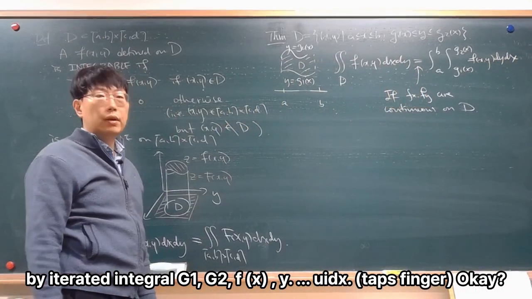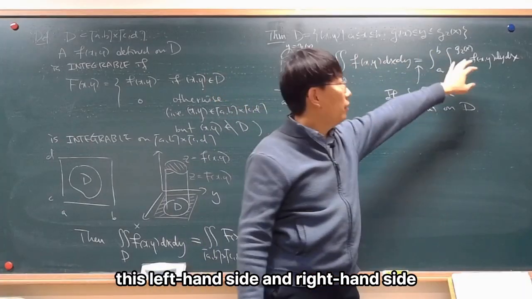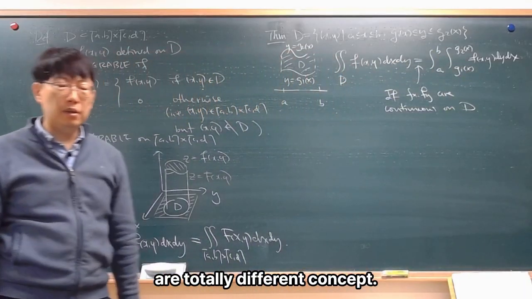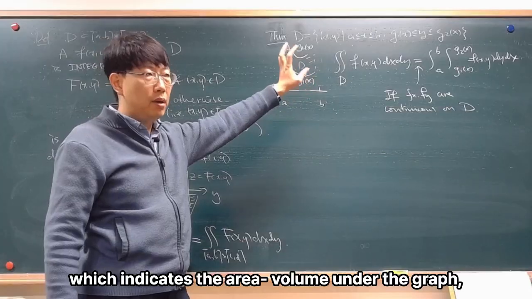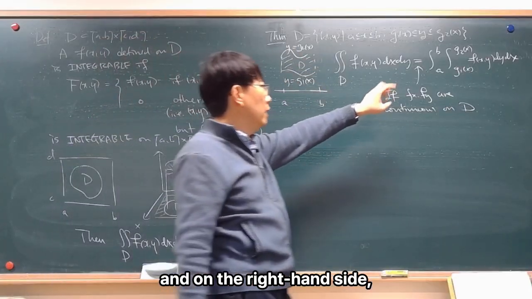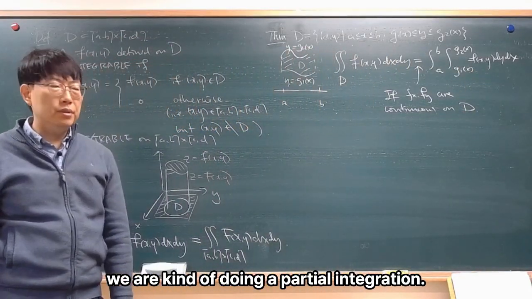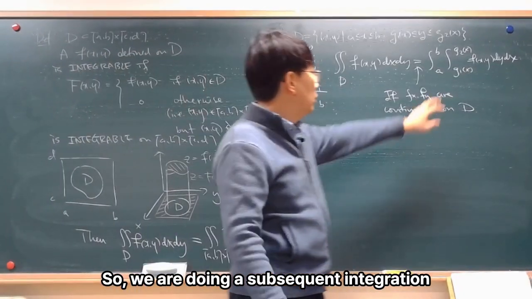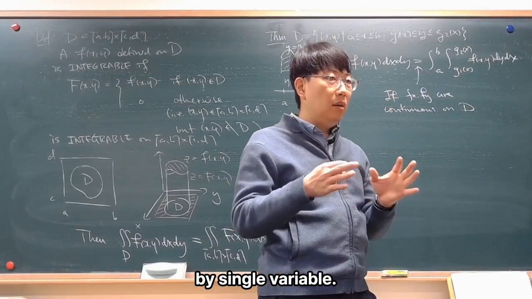Again, let me emphasize, this left-hand side and right-hand side are totally different concepts. The left-hand side is a definite integral, which indicates the area, the volume under the graph. On the right-hand side, we're doing a partial integration, a subsequent integration by a single variable.